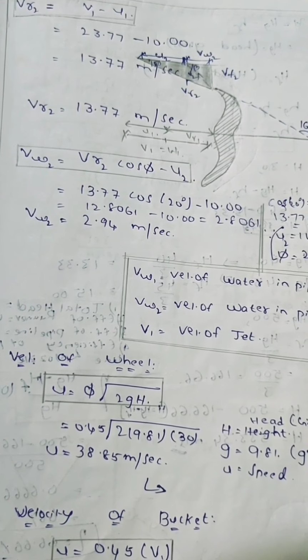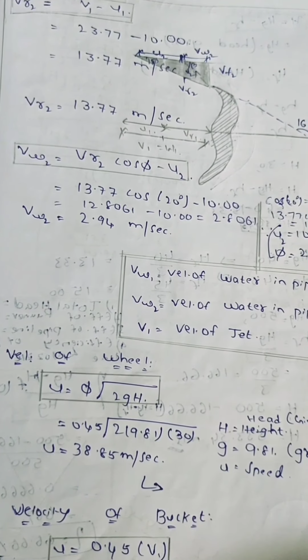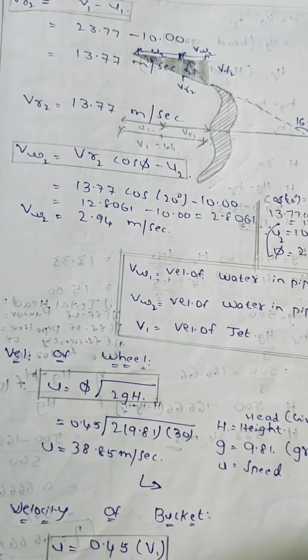To calculate Vw2, the velocity of the water at the outlet, it equals Vr2 cos phi minus U2. We calculated 13.77 cos phi, where phi equals 20 degrees, as mentioned in the question.